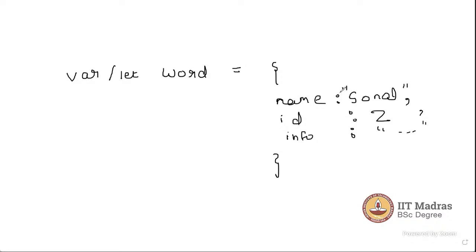We can also embed objects under objects in JavaScript, and define another object here. There are a couple of things very similar to the JSON format.